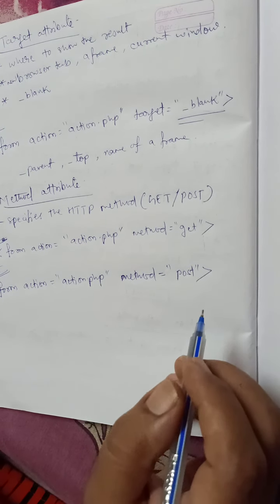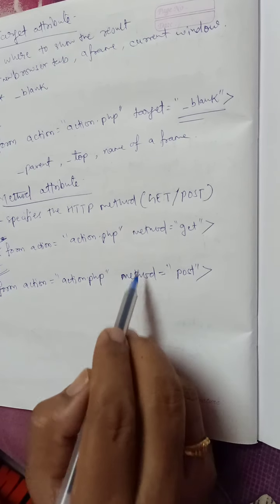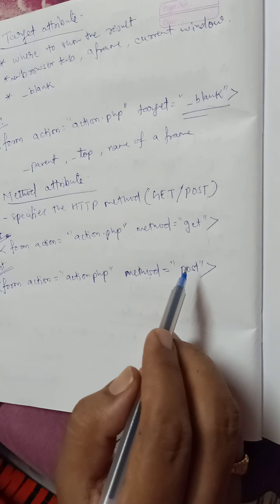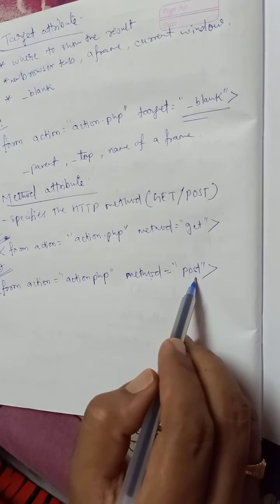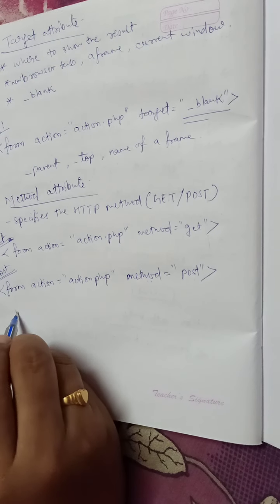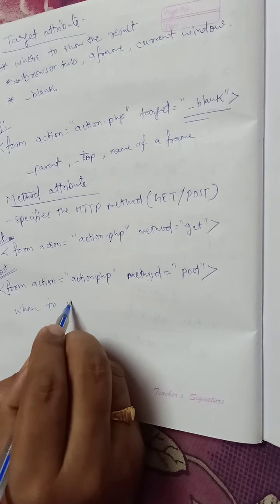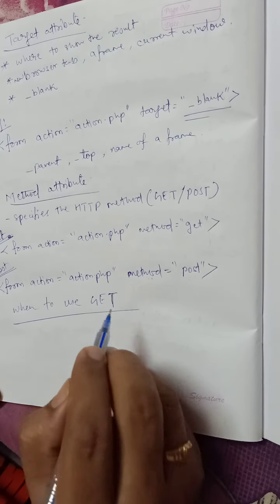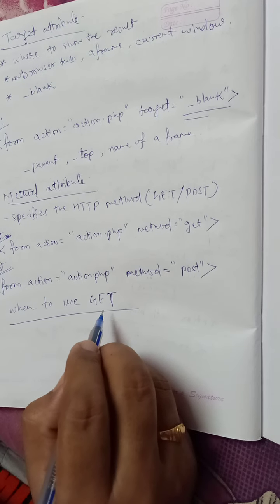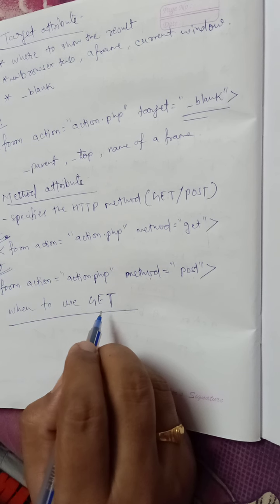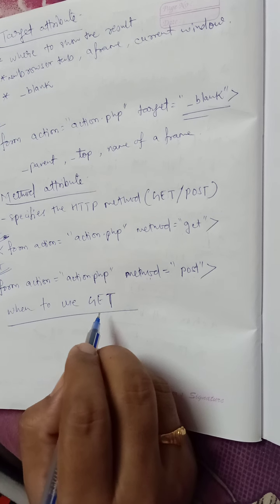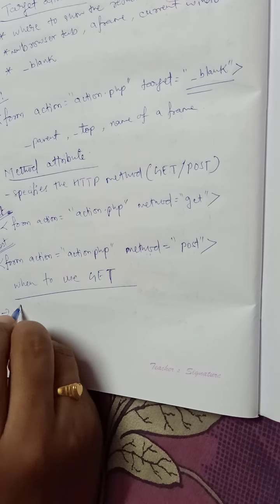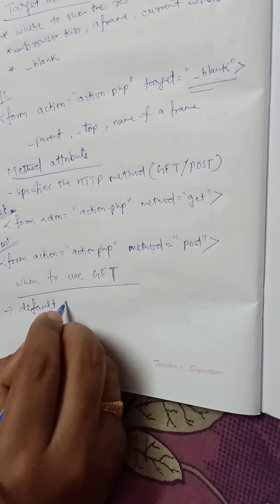Now you must be thinking that both the things are same. No, both are not same. When to use get and when to use post? When should I be using get? The default HTTP method when submitting the form data is get.